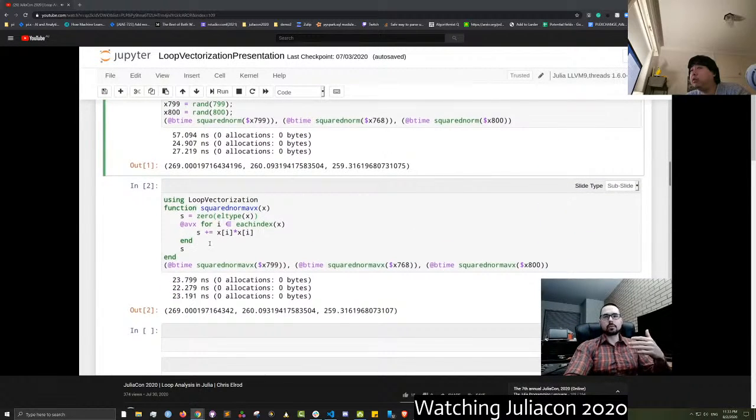Now, one of the optimizations that loop vectorization does is that it also vectorizes the remainder of the loop. That way, when we do 799 elements, instead of being over twice as slow as 800, it's barely slower at all, and roughly in line with the performance of 768 or 800 elements.